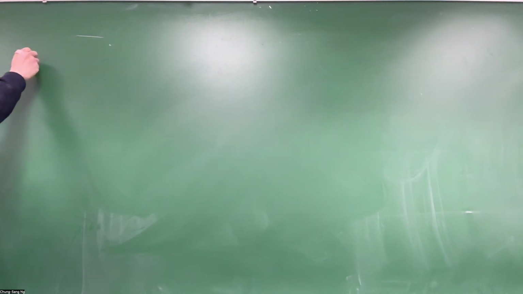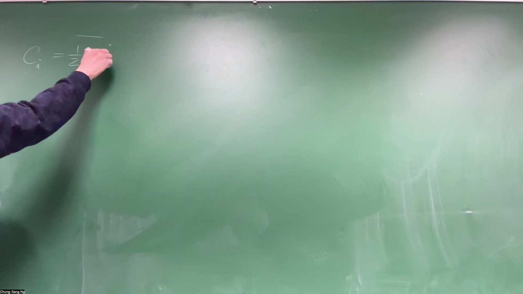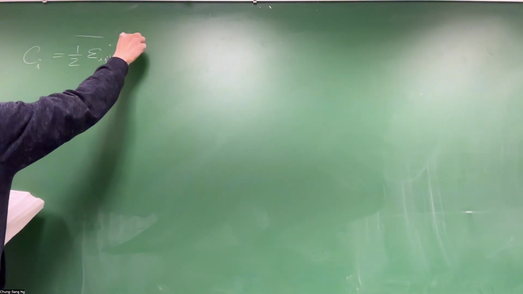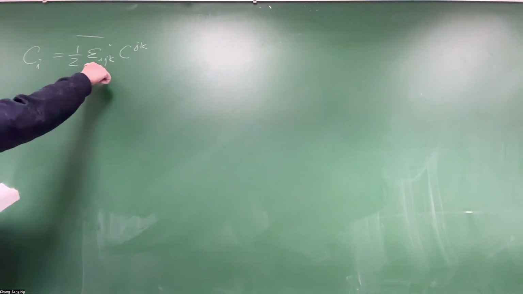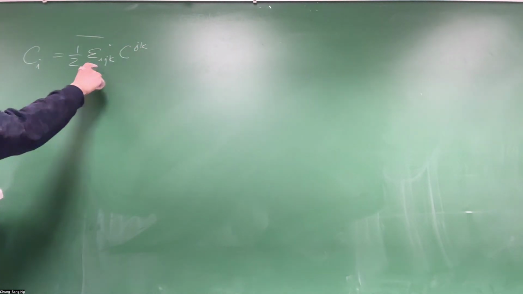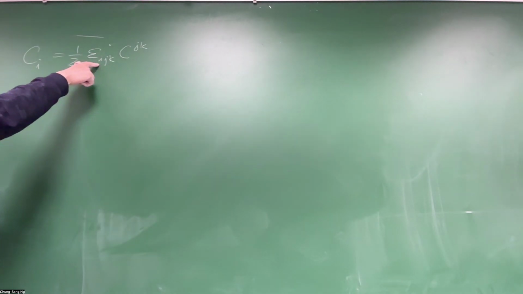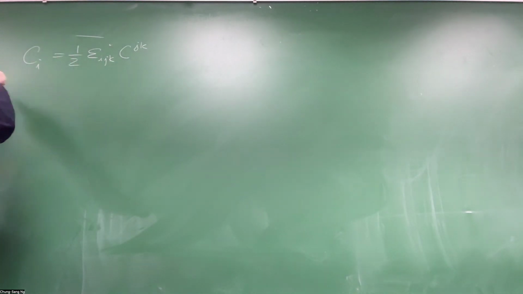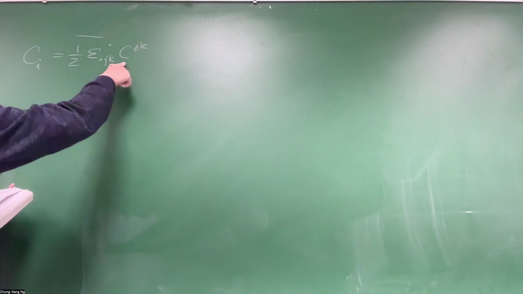The definition is C_i is defined as 1/2 of epsilon_ijk C_jk. It means a sum, a contraction in j and k. So after all the sum, you only have the subscript i in the vector C. And this C_jk is anti-symmetric.